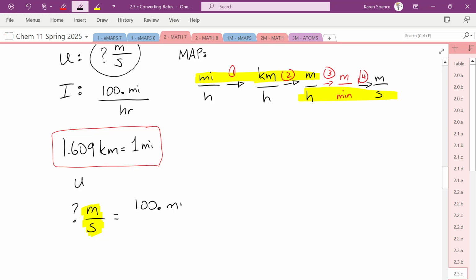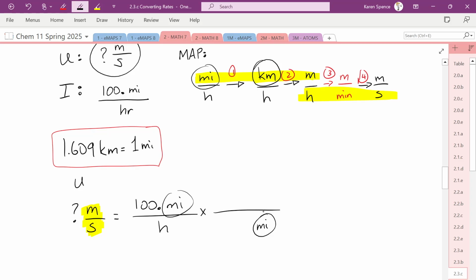miles per hour. And in our first step, we want to convert miles to kilometers. Where should the miles go, top or bottom? They should go on the bottom because miles are on the top, so we have to put them on the bottom here.